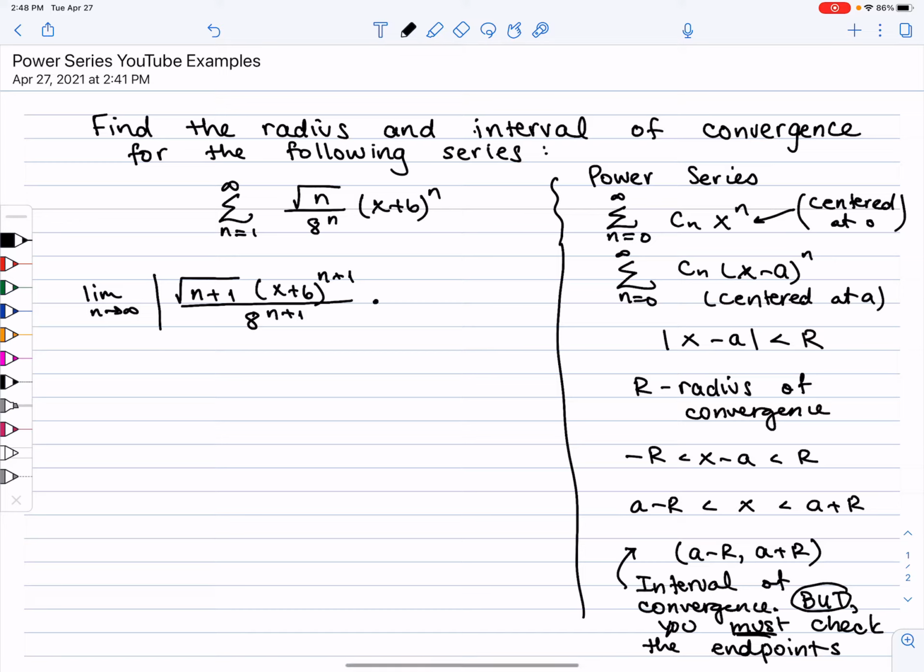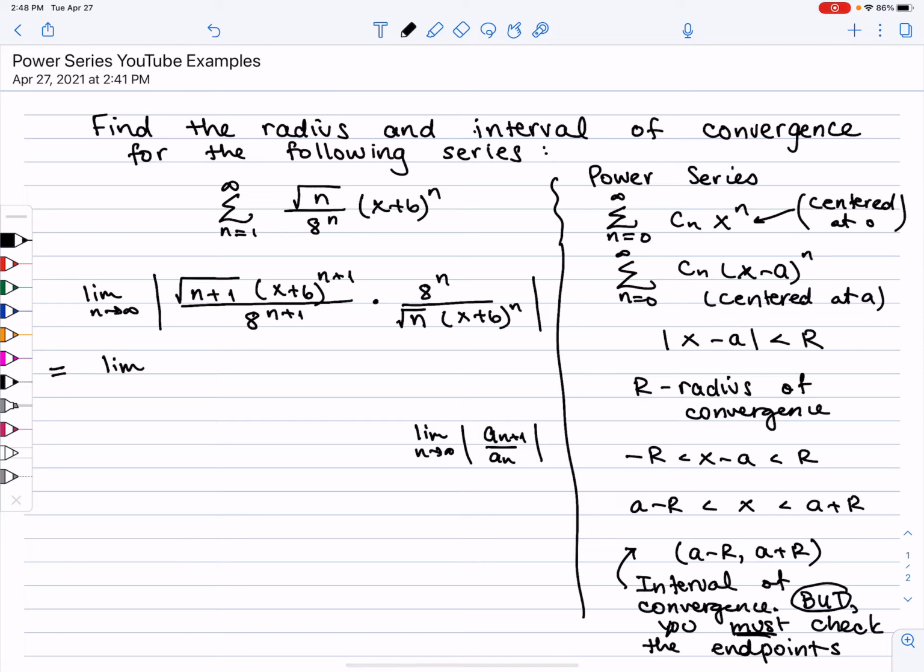And then times, remember for your ratio test, we're going to do the limit as n approaches infinity of the absolute value of a sub n plus 1 over a sub n. So division by a fraction becomes multiplication by the reciprocal. So we are going to have 8 to the n over the square root of n times x plus 6 to the nth power. And then we can begin to simplify a couple of things.